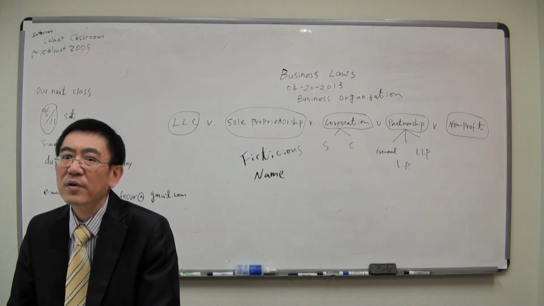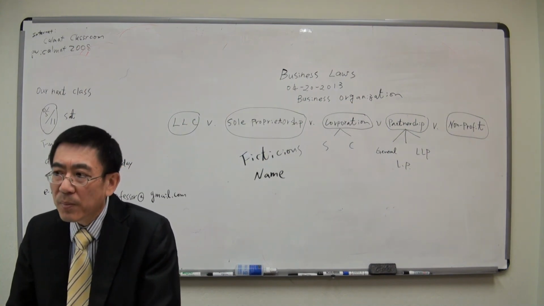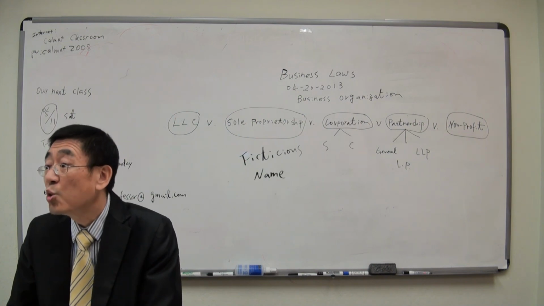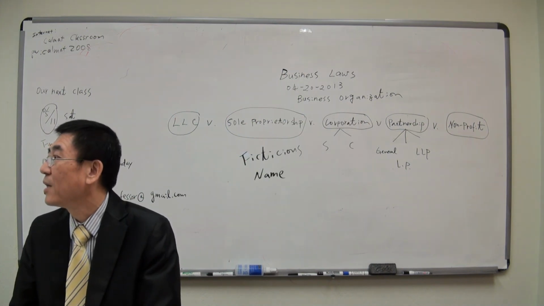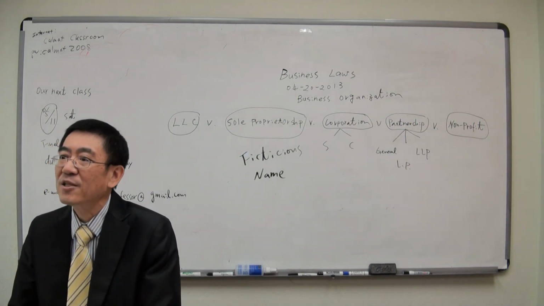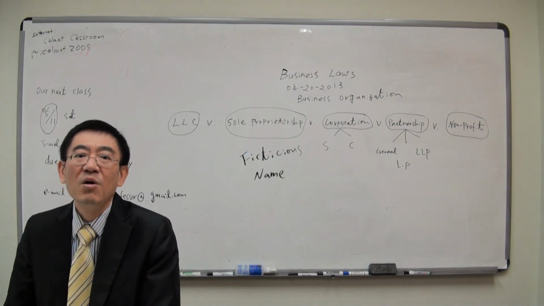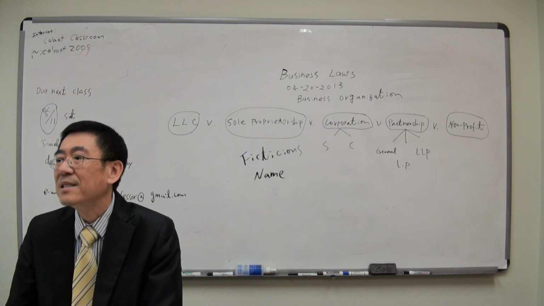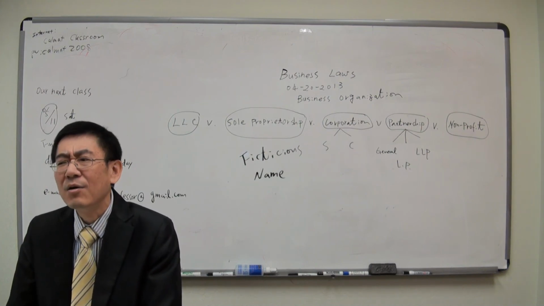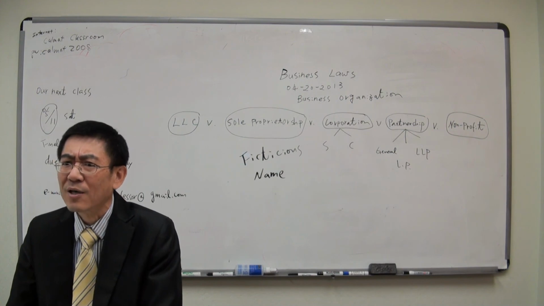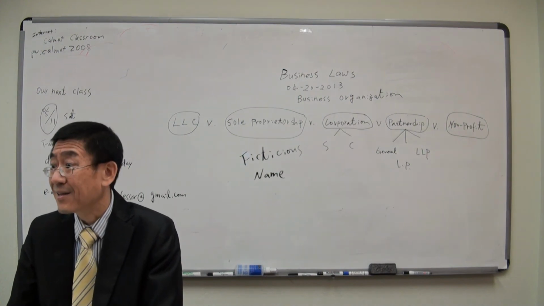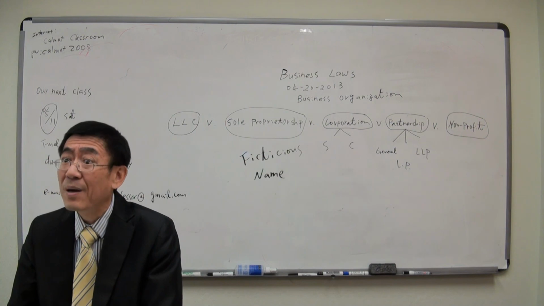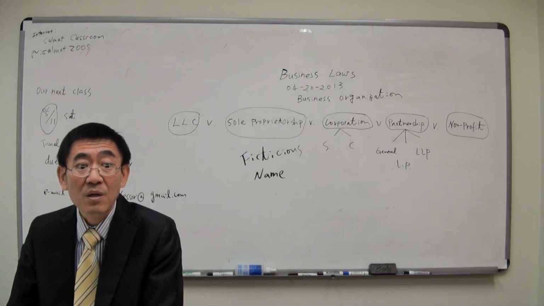Let me give you the numbers. For regular W2 people, the chance for the IRS to audit your tax return is less than 0.5%. I don't believe you are so lucky. That is 5 people out of 1,000 people.